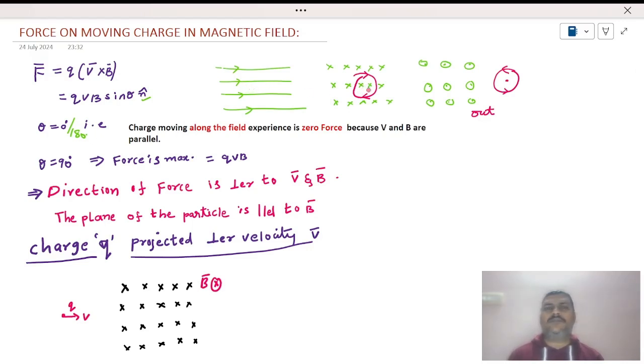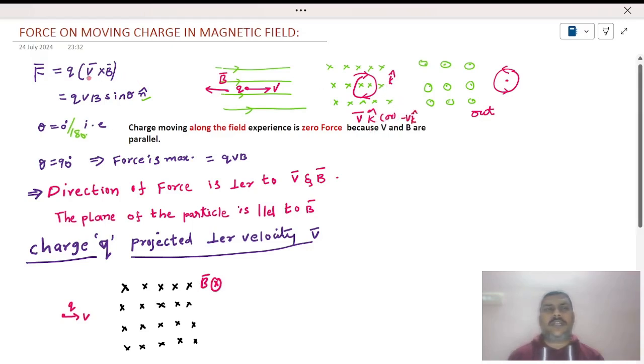So when a charged particle is projected with some velocity v parallel to this magnetic field, or anti-parallel to the magnetic field, for example the field is positive k cap and the velocity of the particle is also k cap or negative k cap, meaning along the positive z axis or negative z axis, then there is no force.